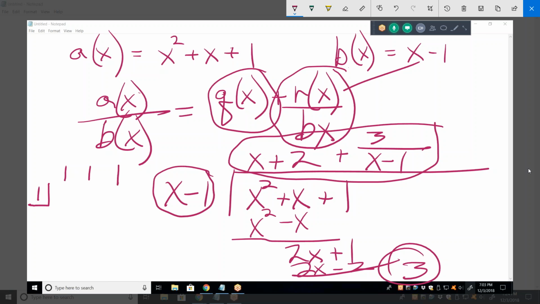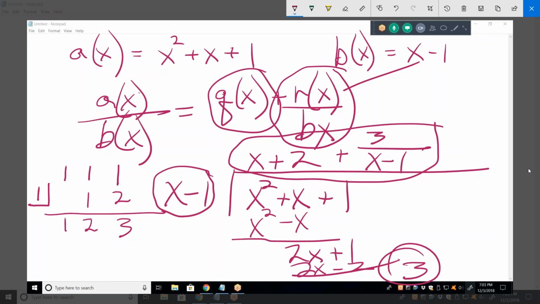In this case, it's 1, 1, and 1. Draw a line. First step, bring down the 1. Next step, multiply the 1 that's in the box times that 1, write it there. Next step, you add. Next step, you multiply. 1 times 2 is 2. Next step, you add. There's your answer.